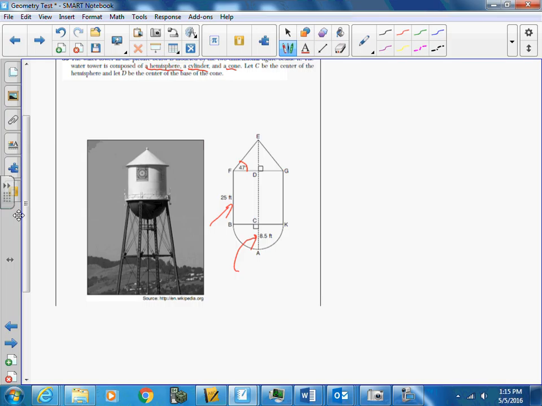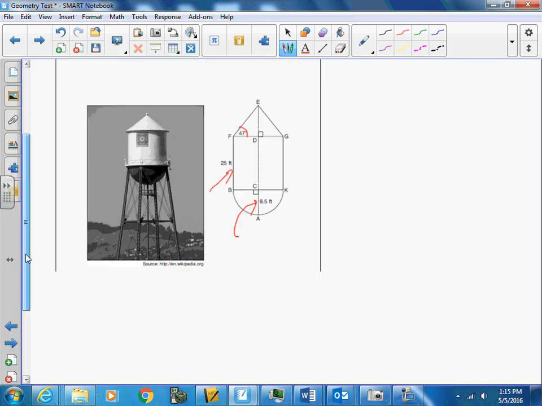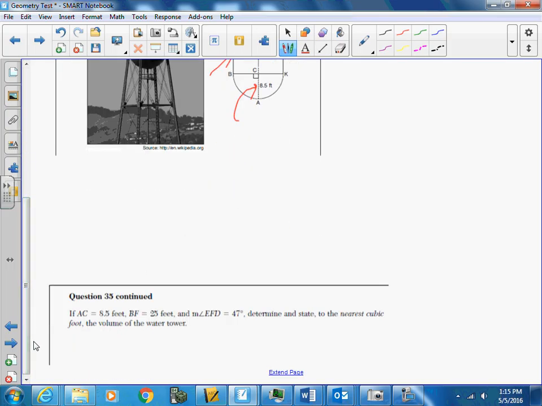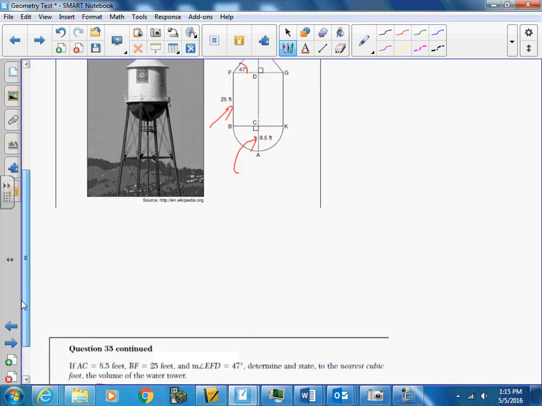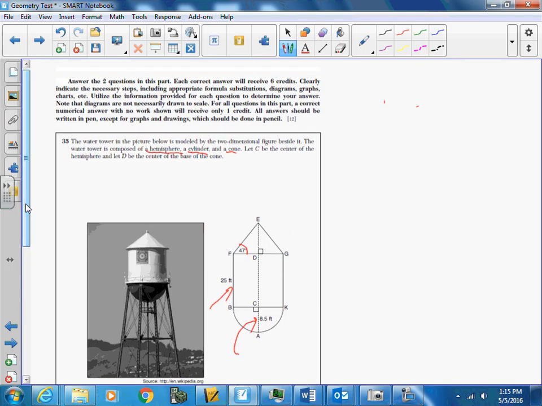They labeled it all. So they want to determine and state to the nearest cubic foot the volume of the water tower. All right, so we know we have to do that. There's another part to this actually at the bottom, but let's focus on the volume.